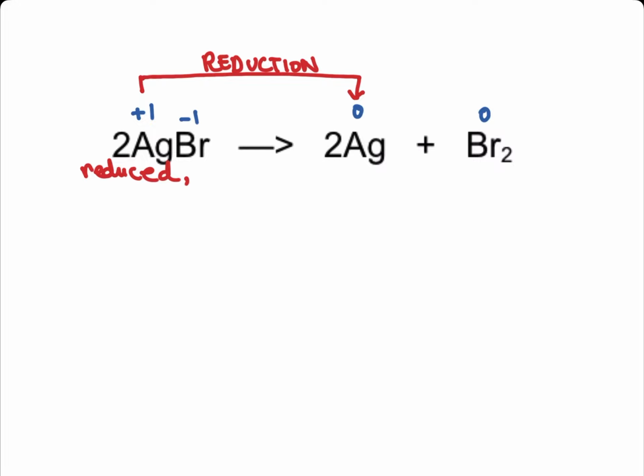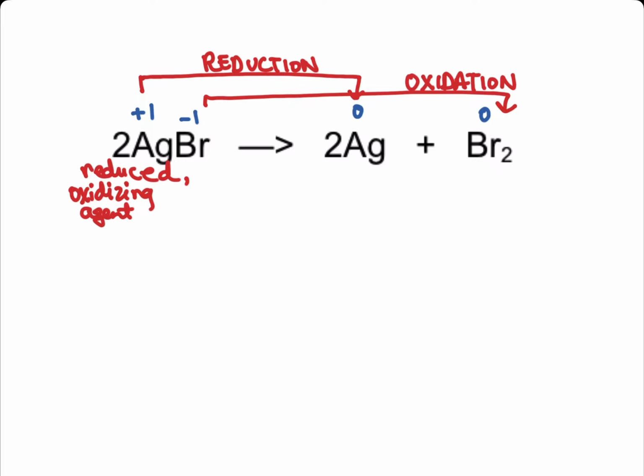And this is also called the oxidizing agent. Then I see that Br starts off as Br minus and ends up as Br2. This is called oxidation. So the Br minus is being oxidized, and this is also called the reducing agent.